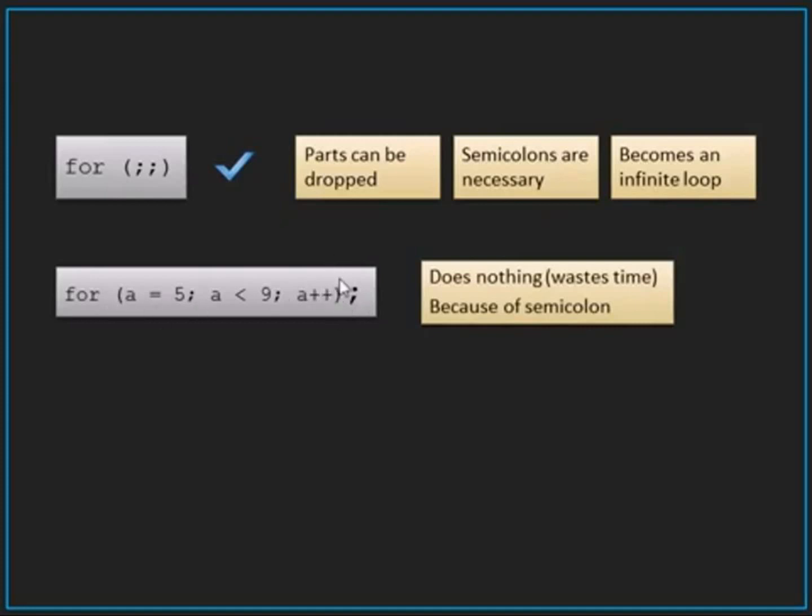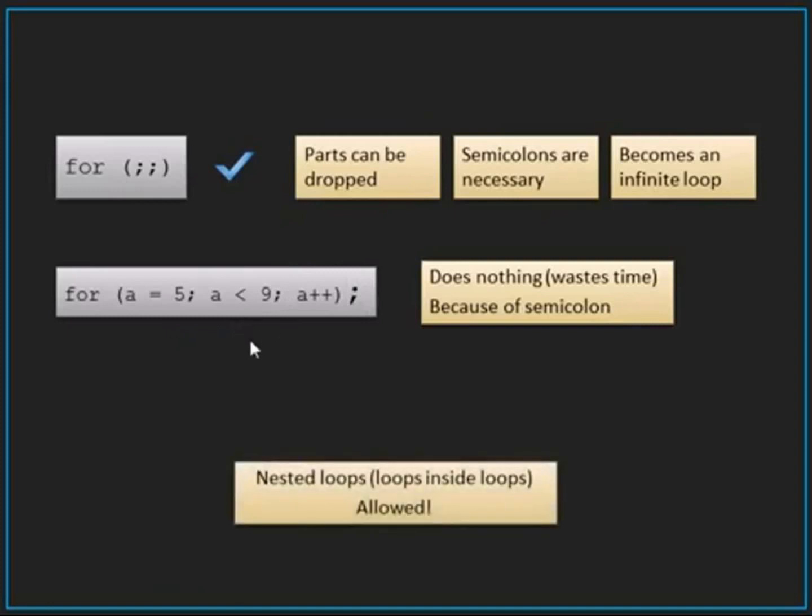As in the if, we have seen that the semicolon becomes part of the if block. So this semicolon becomes part of the for block, and a semicolon literally means nothing. So the semicolon is executed again and again and nothing happens. It just wastes time.